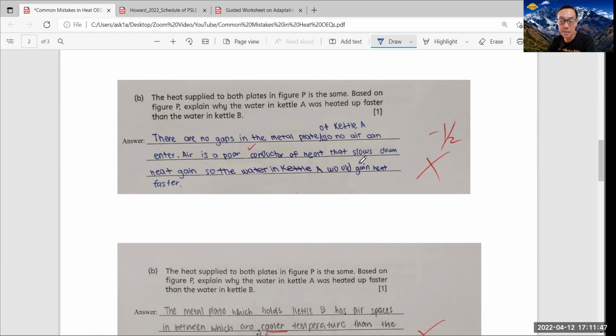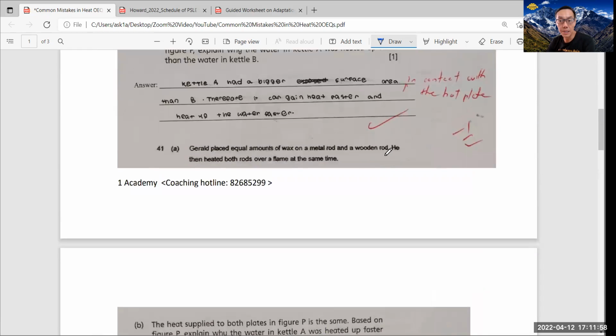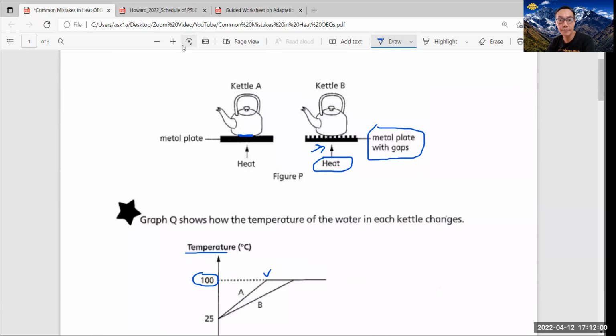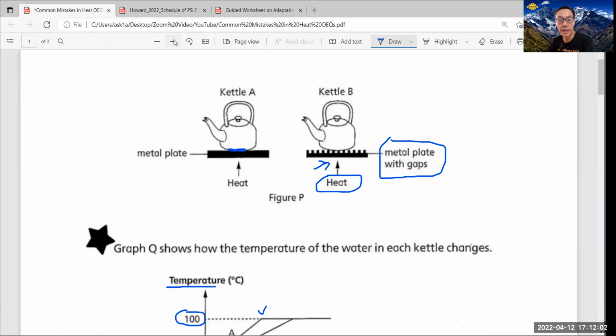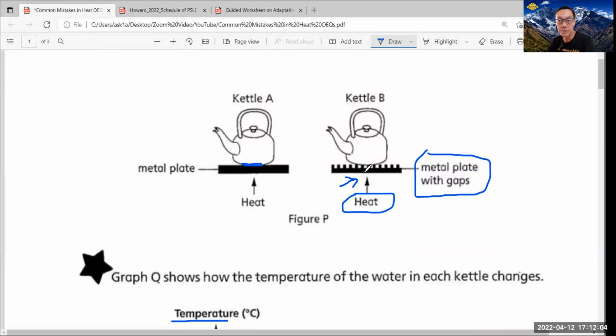Okay, here actually there's a linear marking being administered. Because air is a poor conductor of heat, factually is correct. And indeed, if you examine the questions, because of the presence of air, if I enlarge it, technically the child is actually answering correctly.